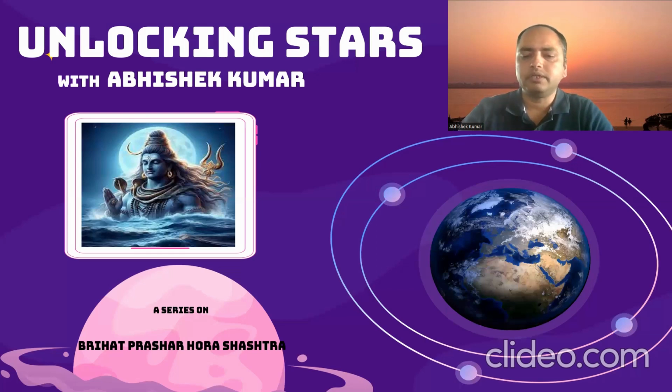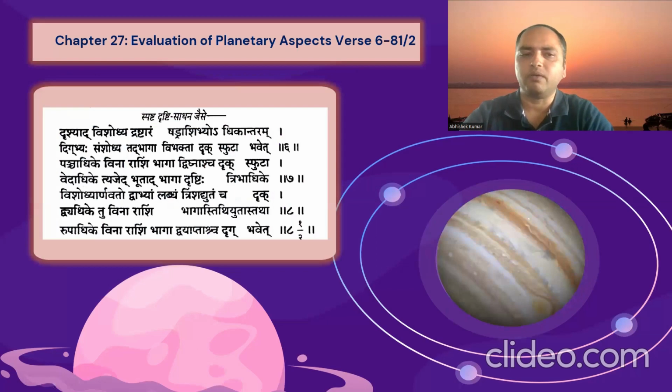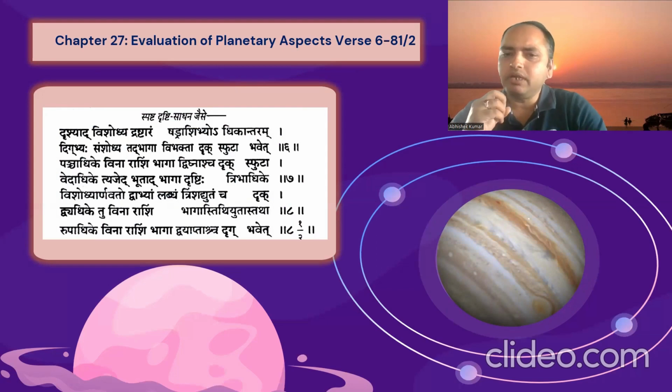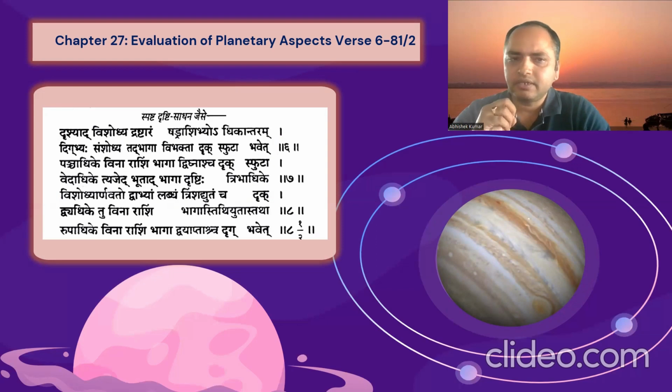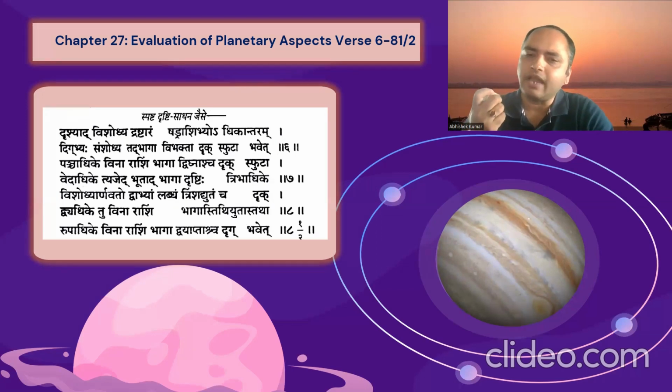After bowing down at the lotus feet of Sri Mahadev, we are now officially ready to enter into the Guru Mahavakya, Aspasta Drishti Sadhana. As we have already discussed in the introduction, the basic agenda is to calculate, to find out the aspectual value.